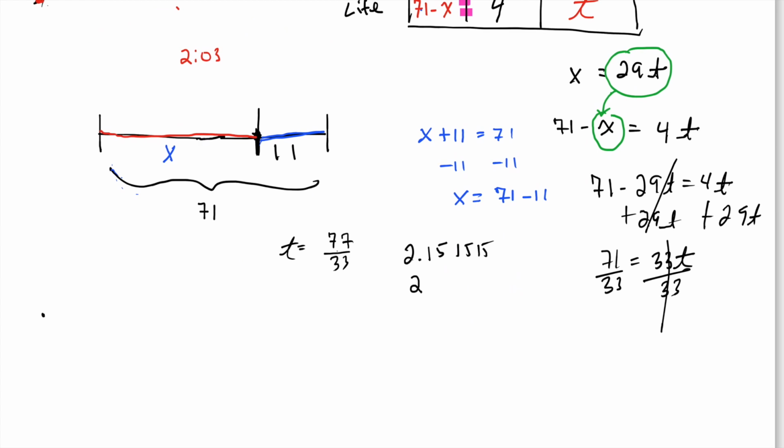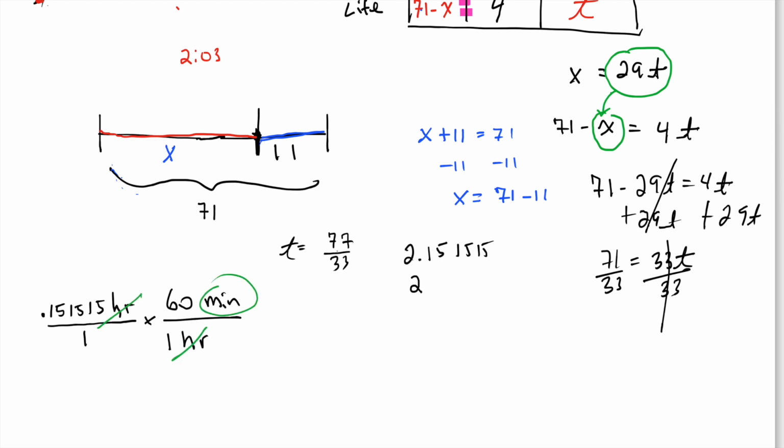Well, you could do it like this, chemistry style. If you watch your units, you go 0.151515 hours over 1, times 60 minutes over 1 hour. And if you do it like that, you know you did it right.